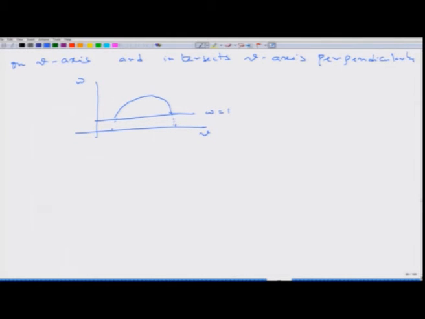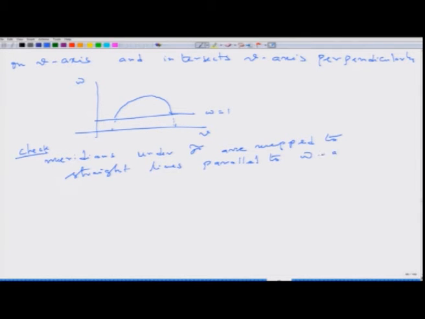Okay. And what happens to the meridians? You check, meridians are mapped to straight lines parallel to the W axis.